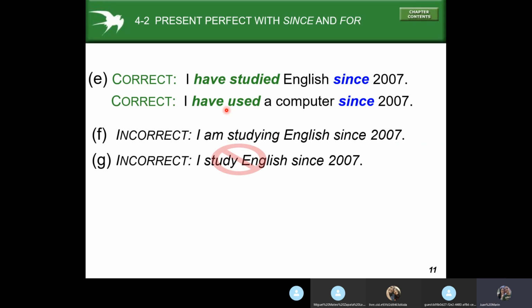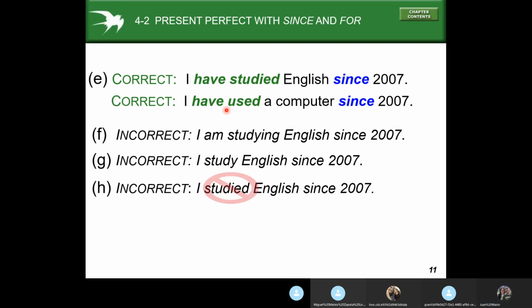I study English. Incorrect: I study English since 2007. That is not possible. That would be the present. Or I am studying English. No, you can't use them. You must use the present perfect.